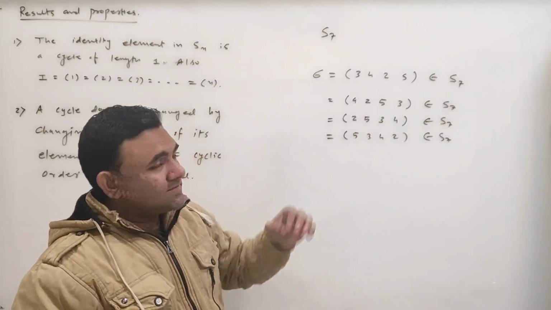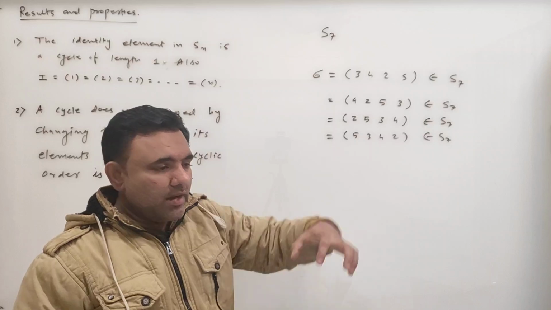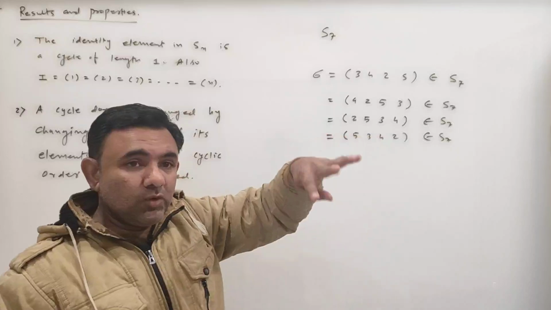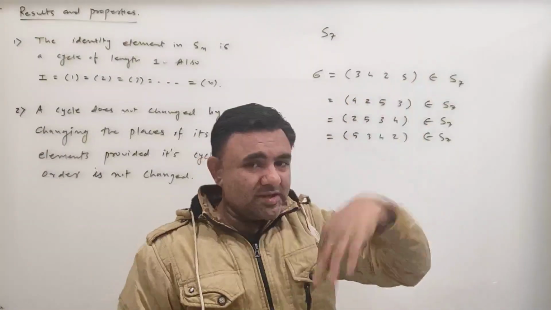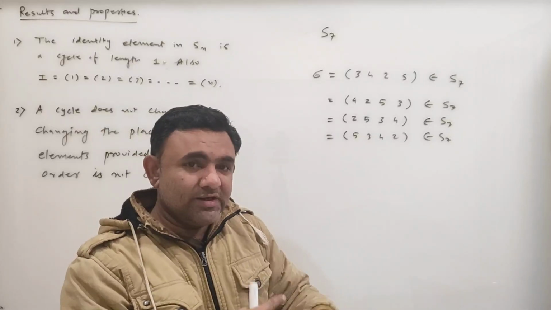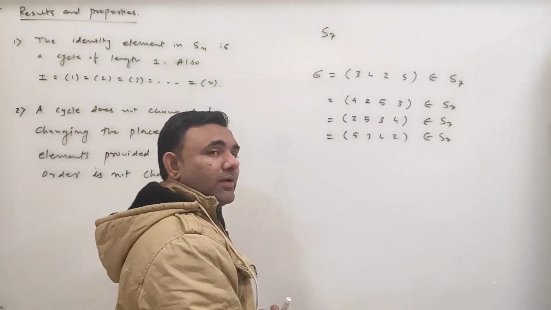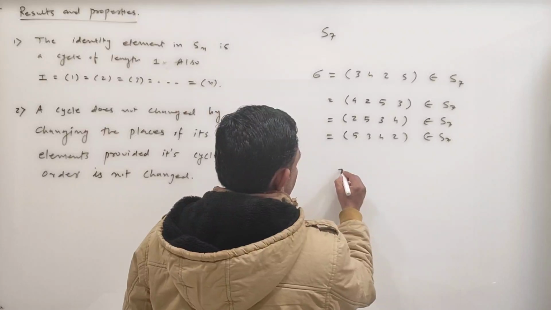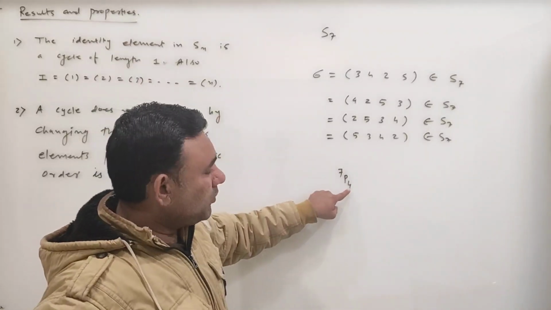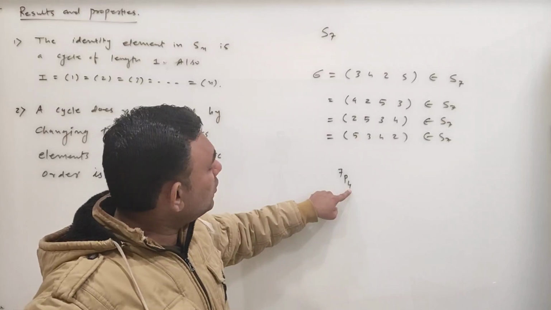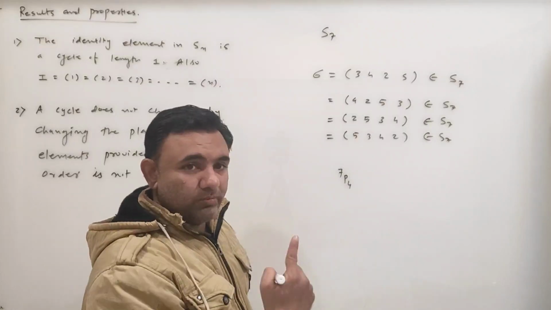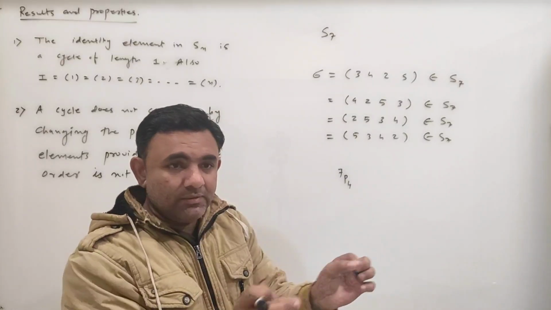So I need cycles of length 4, so I have to select any 4 distinct elements, then consider their arrangement. So how many ways can I do it? It is 7P4. You consider 4 elements out of 7 objects and arrange them in a row, then you will get a cycle.